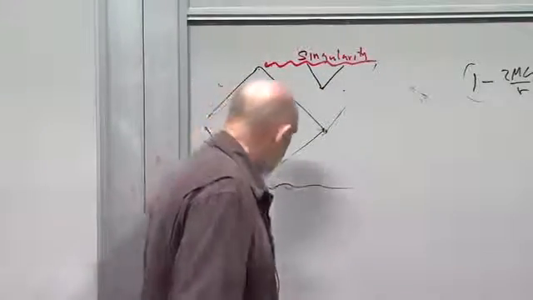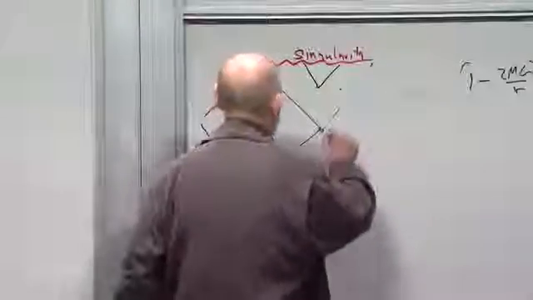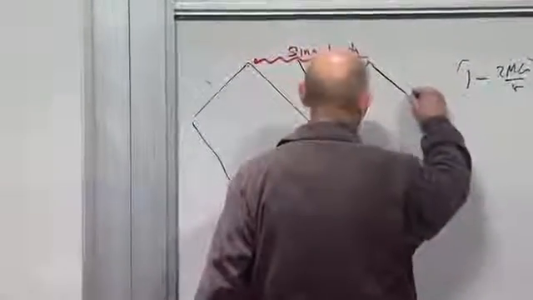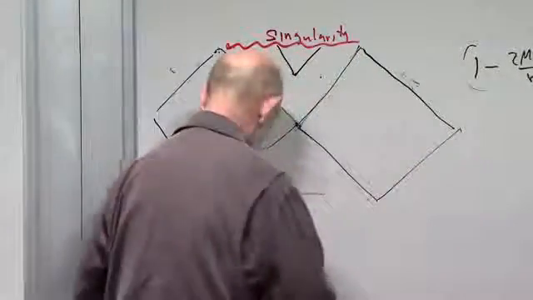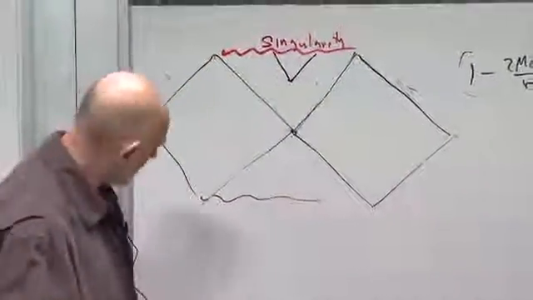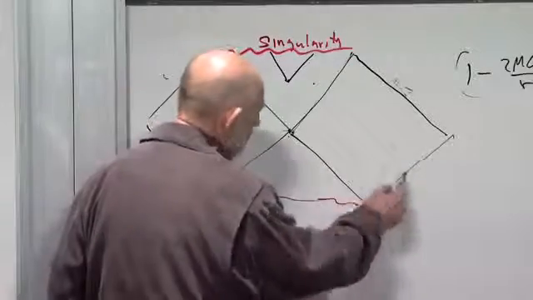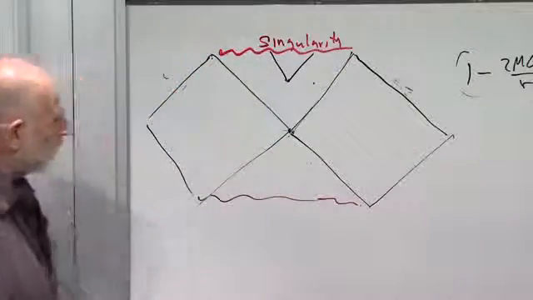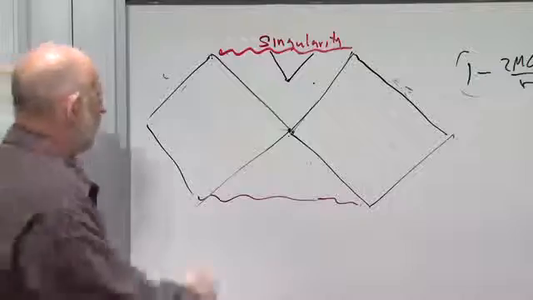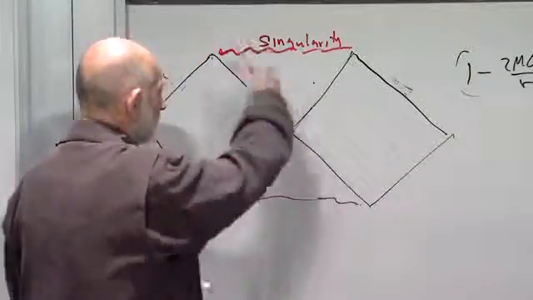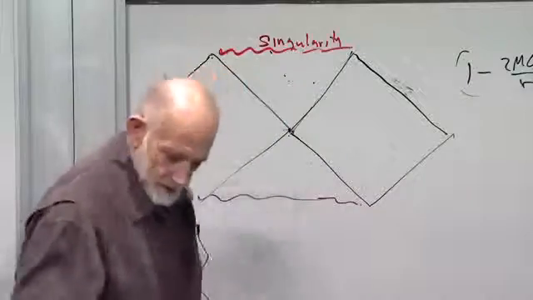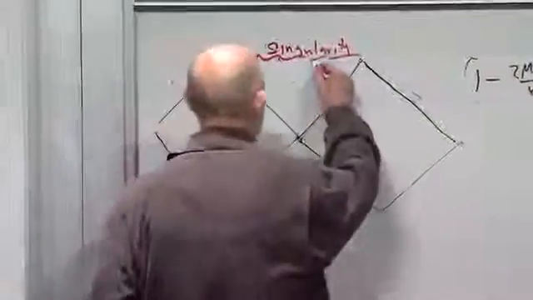Oh, there it is. Okay, so here it is. And now somebody on the outside throws in the shell. The shell comes riding in, and what does it look like? It looks like this.